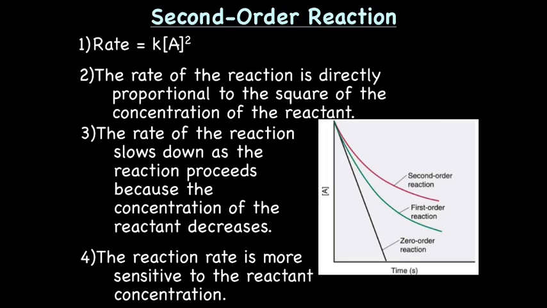And in this case, the reaction rate is more sensitive to the reactant concentration than a first order reaction. You can see from this graph here that a second order reaction slows down much more quickly than the first order reaction, because it's more sensitive to a change in concentration of the reactant.